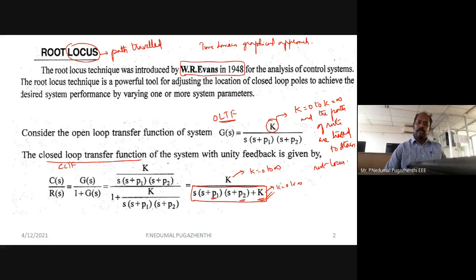Then I will take a problem, solve it, and we will know the steps involved. So when you come to class tomorrow, try to have a linear graph sheet, protractor, compass, scale, and pencil with you. All the stationery required to draw the graph should be there, which will help us draw the root locus plot.